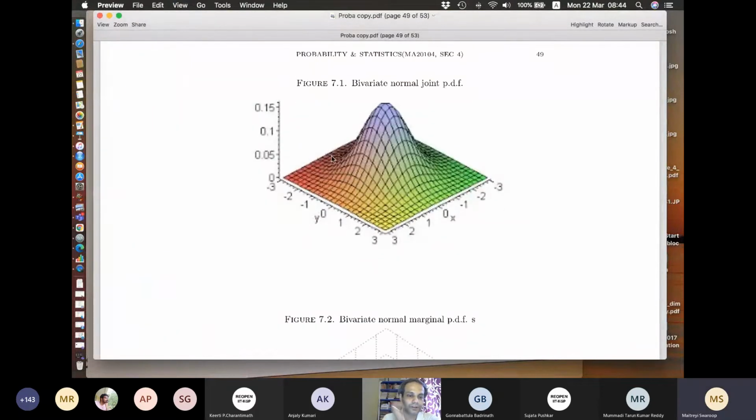Yes, sir. So this is a typical PDF of bivariate normal, a dome-shaped surface, and each of these grid lines is nothing but the conditional density of y given x. For a fixed value of x, this is the conditional density of y, and for a fixed value of y, this curve will be a conditional density of x.